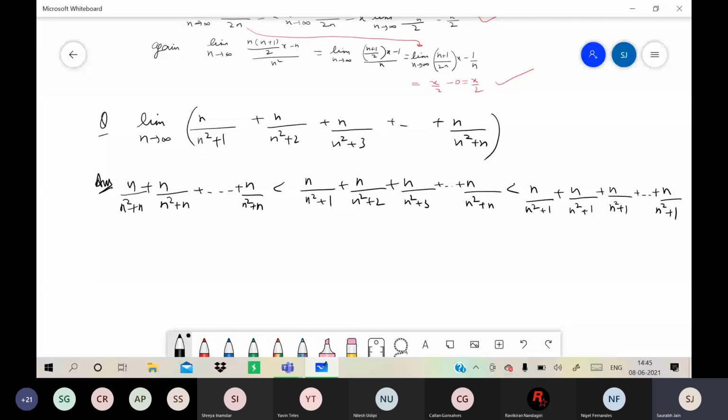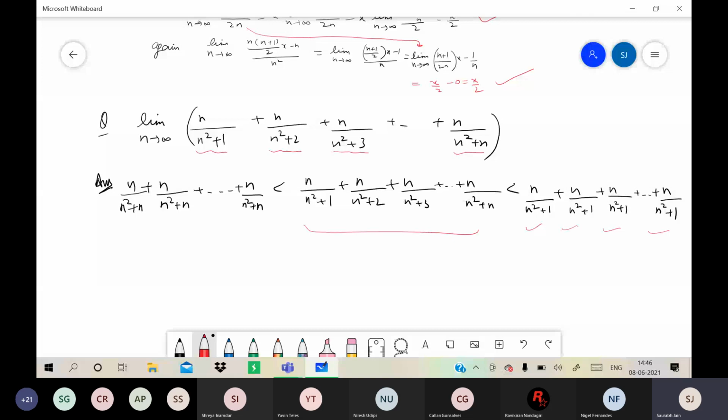So why will this term be less than the term on the right hand side? Because see, numerators are the same, so the one which has the smaller denominator will be bigger in value. If you compare these two, this is n upon n square plus 2 and that one is n upon n square plus 1.